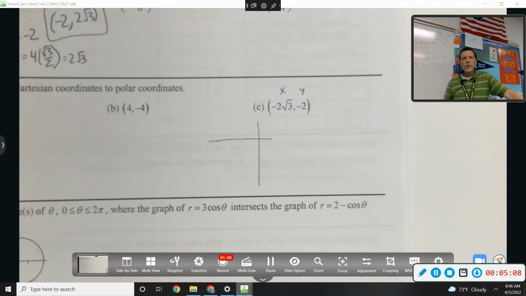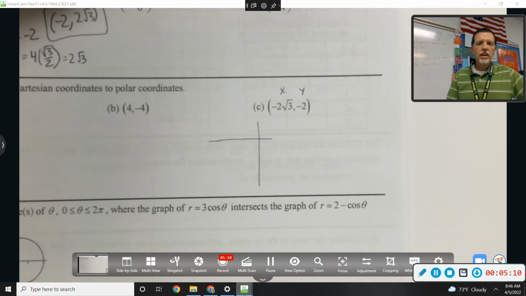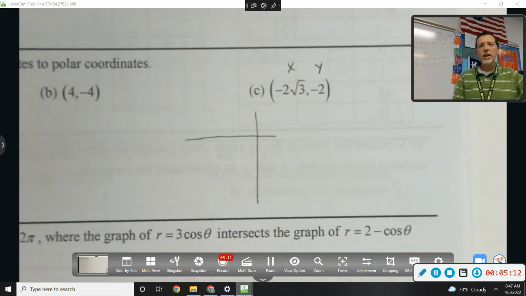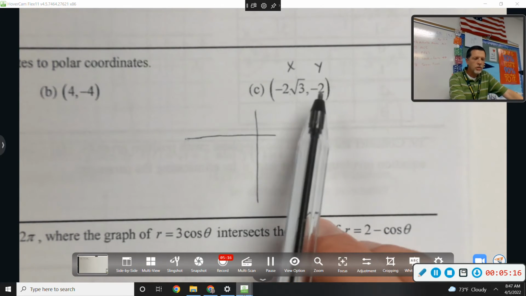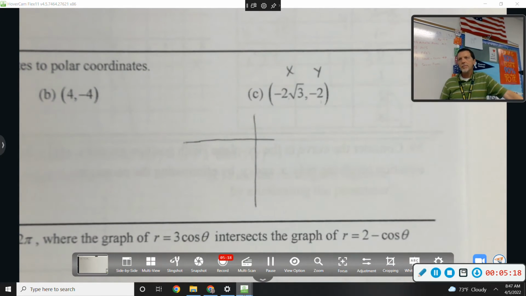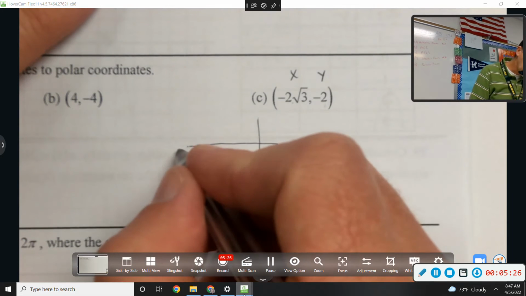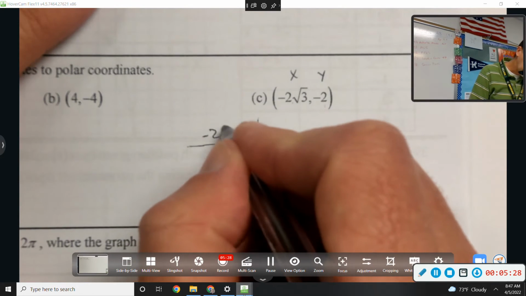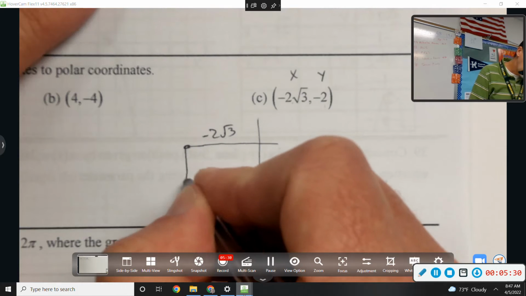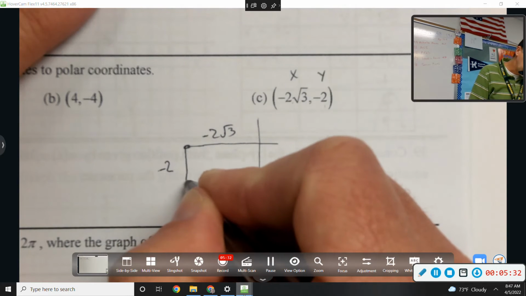Which one of those is longer, the x or the y? The x, because root 3 is bigger than 1, so 2 root 3 is going to be bigger than just 2. So the x coordinate is bigger, negative 2 root 3, and then the y coordinate is not as big.